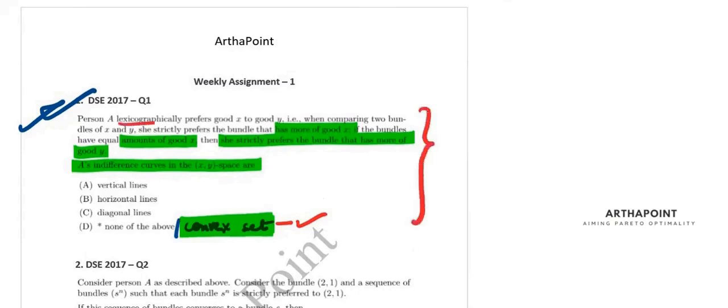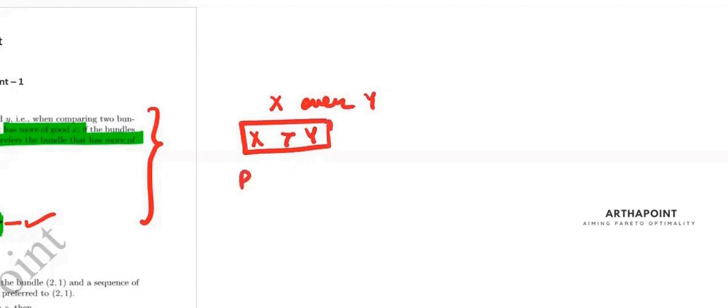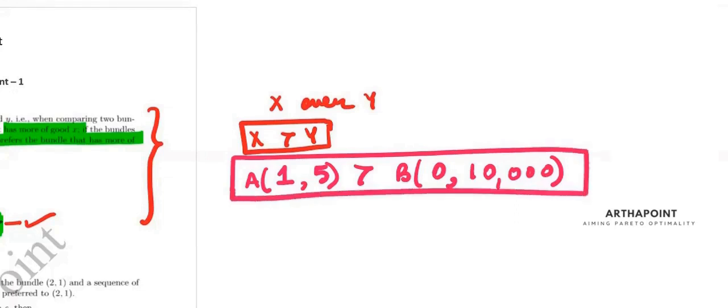So what is a lexicographic preference? A lexicographic preference of X over Y is where X is strictly preferred over Y. It's like saying that if I have a bundle A with 1 unit of good X and 5 units of good Y, and bundle B has 0 units of good X, but 10,000 units of good Y, then I will still prefer A over B. This is what lexicographic preference is.